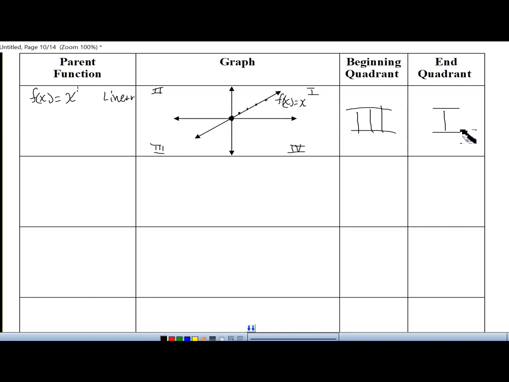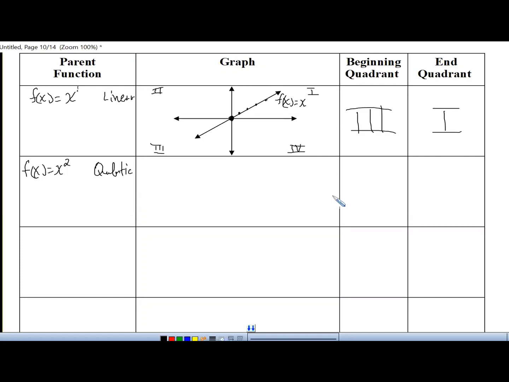So that was the first function that we introduced, f of x equals x to the first power. From there, I gave you this next one, f of x equals x to the what? To the second power. Now, does anybody remember the name of this one? Yes, Mr. Q, it's a quadratic.